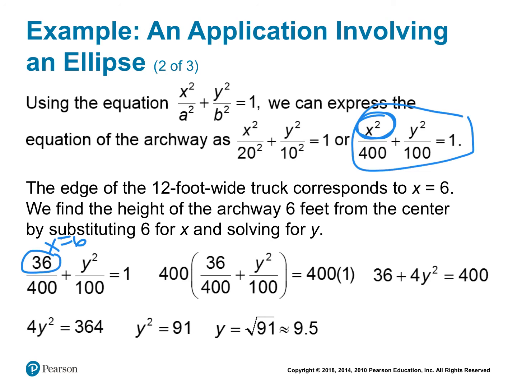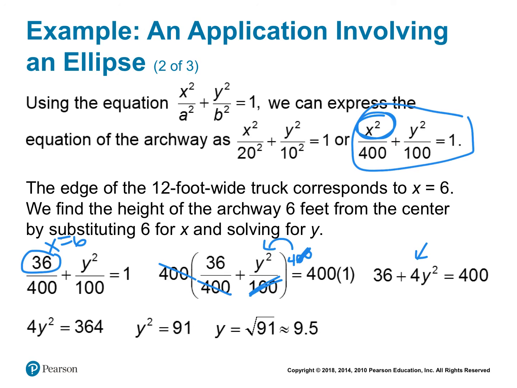And then you could do many ways to simplify this. They multiplied by 400 to get these to cancel. And then if you did 100 times 400, you get the zeros to cancel. So that's where they got the 4 right there. So they have 36 plus 4 times y squared equals 400 because you had to multiply the other side by 400.